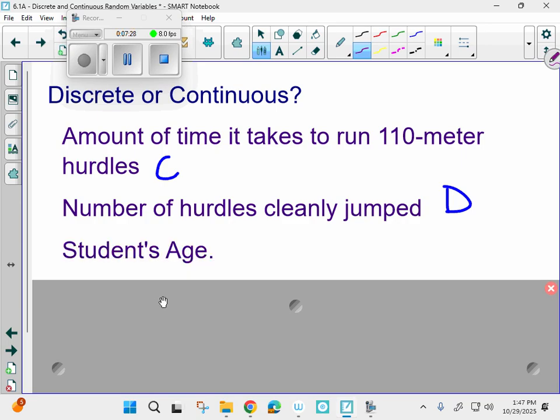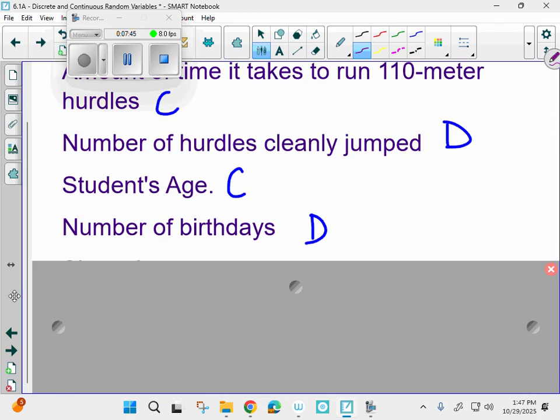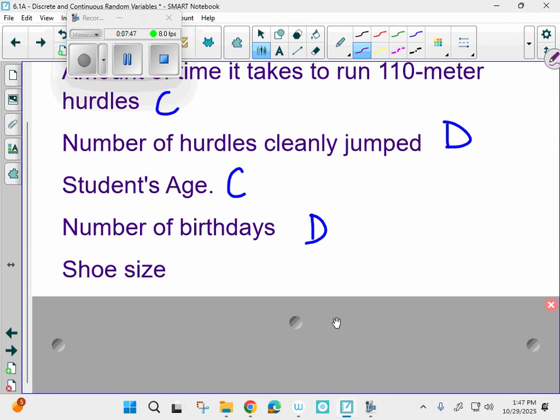Okay, a student's age, this one's tricky. Continuous, because I'm just 1 second older right now than I was a second ago. All right. But number of birthdays is discrete. You are a certain number of birthdays old. All right. Your shoe size. This one's discrete. You have to fit into one of those half sizes, right?